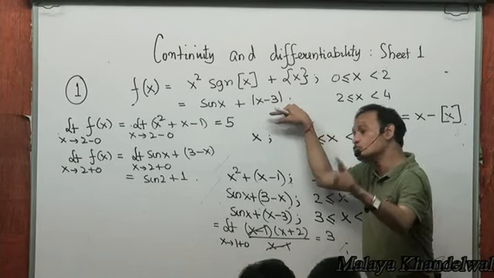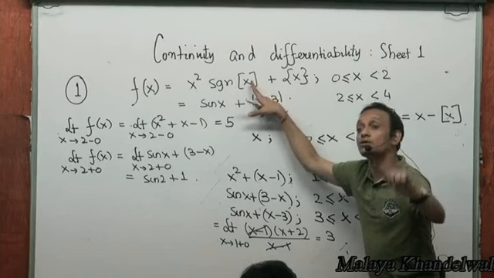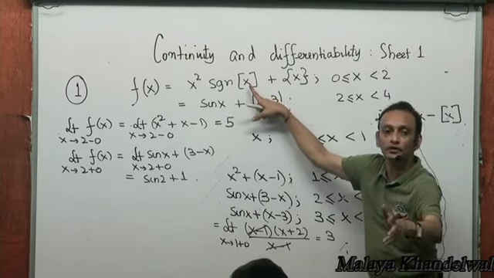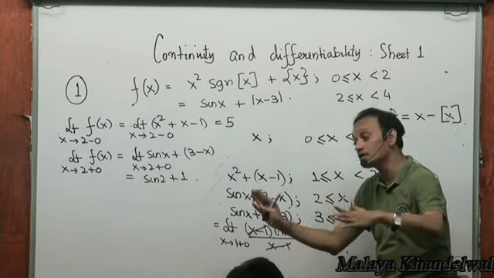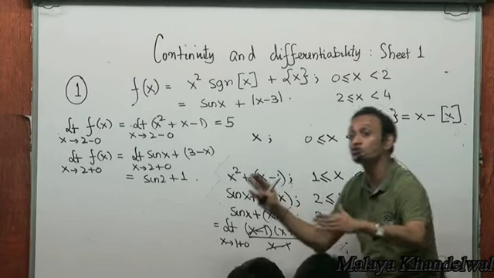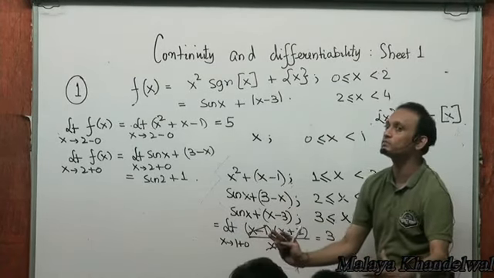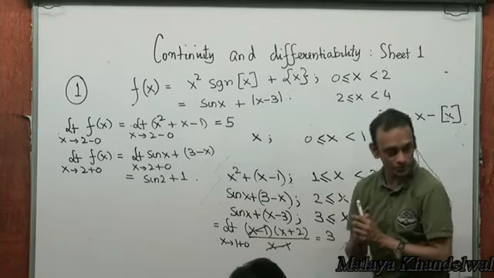So at x equal to 2, the box function was responsible for loss of continuity. The modulus did not play a part in loss of continuity. Modulus will not result in loss of continuity. Modulus will result, if at all, in loss of differentiability. But the box is largely responsible, mostly responsible for loss of continuity, right?